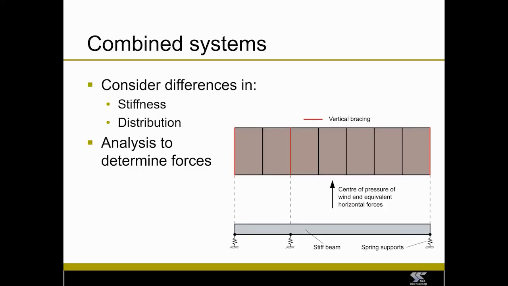There's a little bit about combined systems on that slide there. Obviously, more detail in the publication, and I know we're getting near the end of our time. So a combination of different bracing systems needs to consider their distribution and the differences in their stiffnesses to determine what loads they will be subjected to.